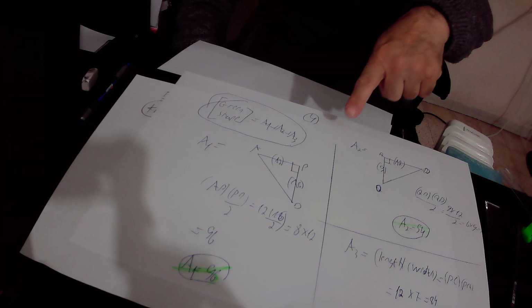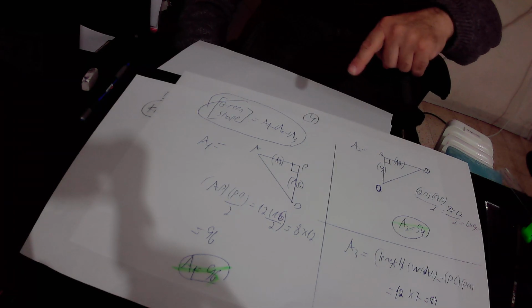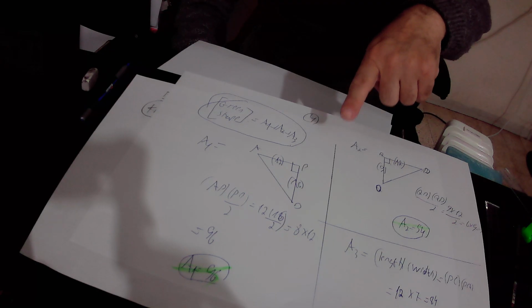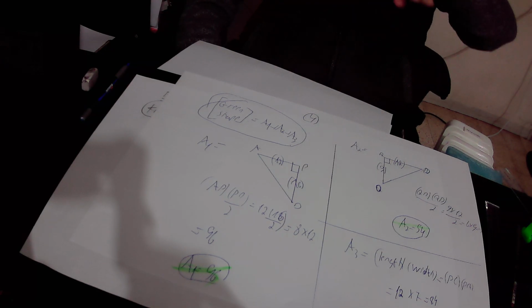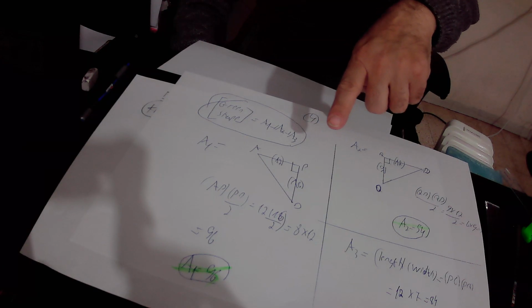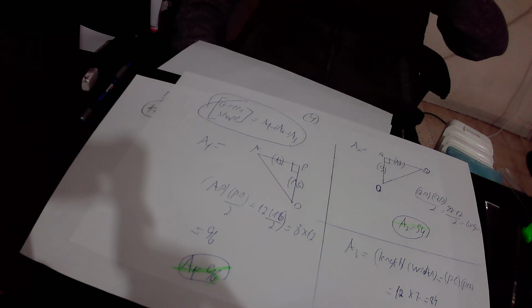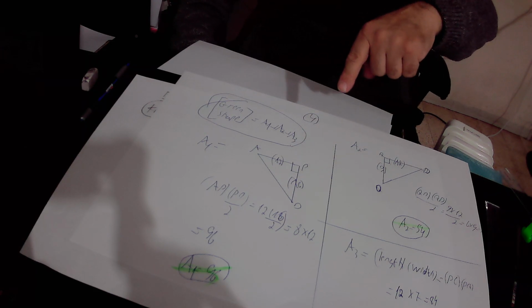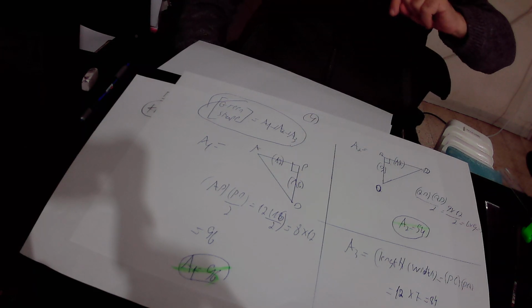The area of this right triangle is AP times PO over 2. AP is 12, PO is 16, over 2. 16 over 2 is 8, and 8 times 12 is 96. So A1, the area of this right triangle, equals 96 square units.